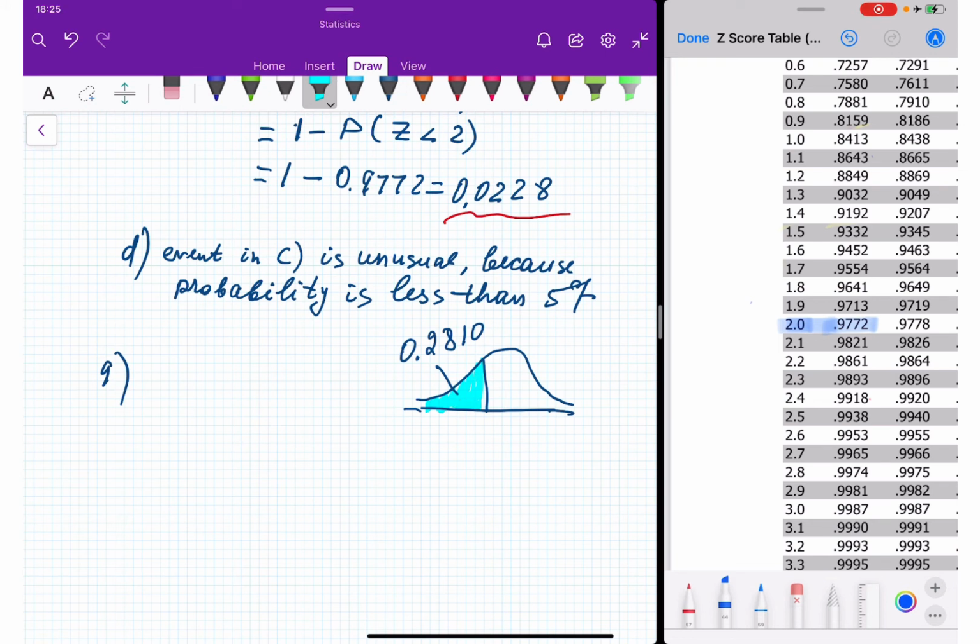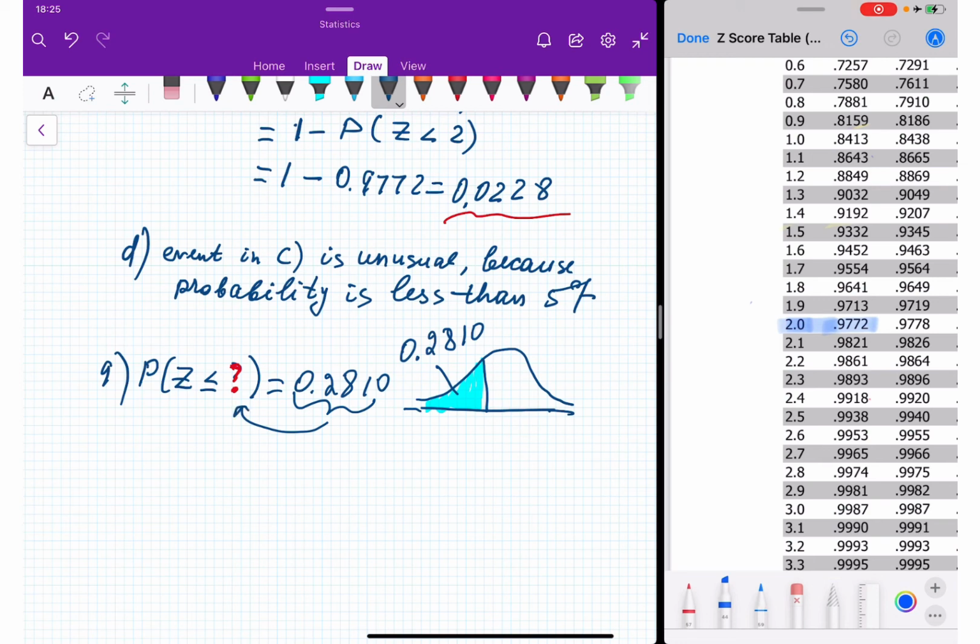Let me write down this way. Probability for z-score equal question mark is equal to 0.2810. Before, we had the z-score and would find the area or the probability. Now we're going backwards. We have the probability, and we need to find which z-score is matching.